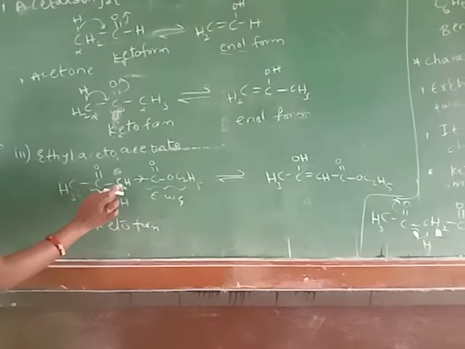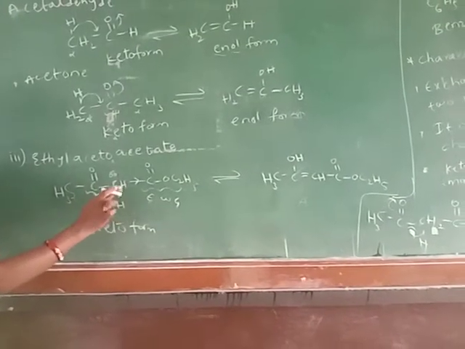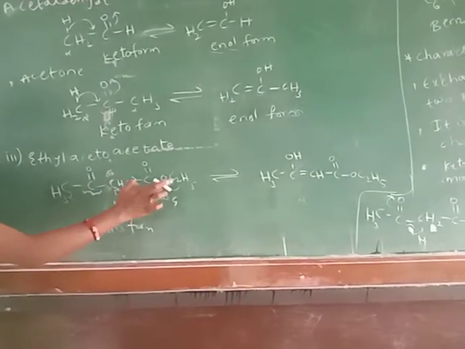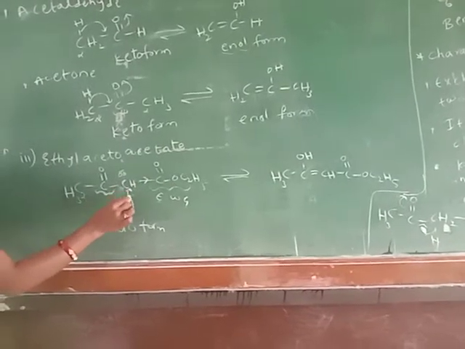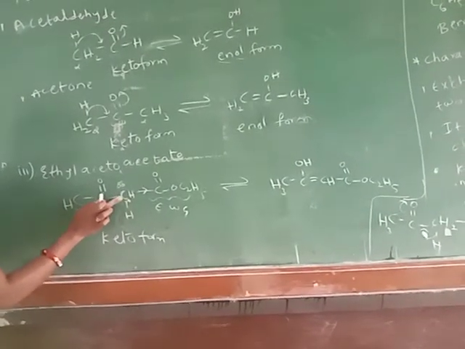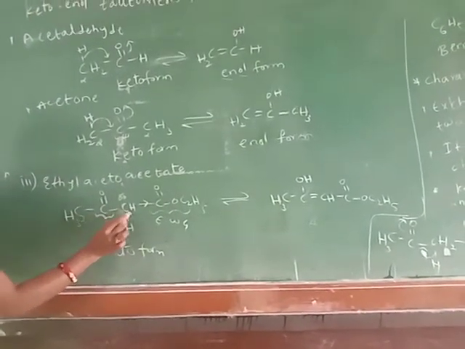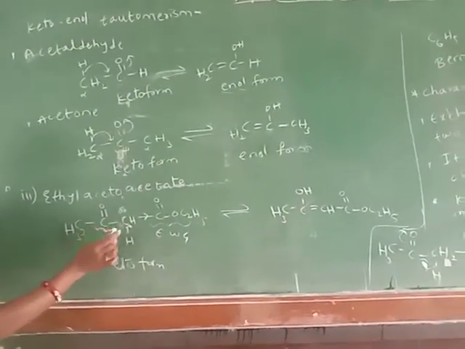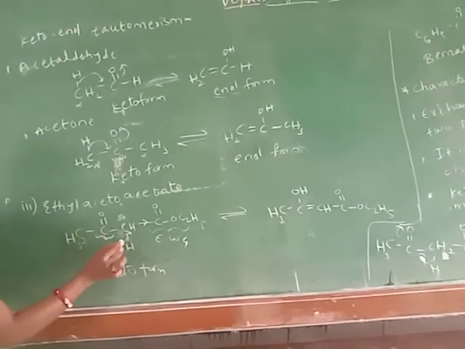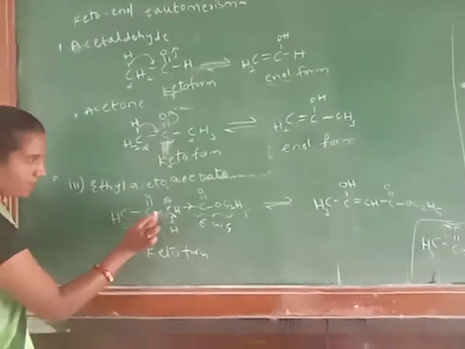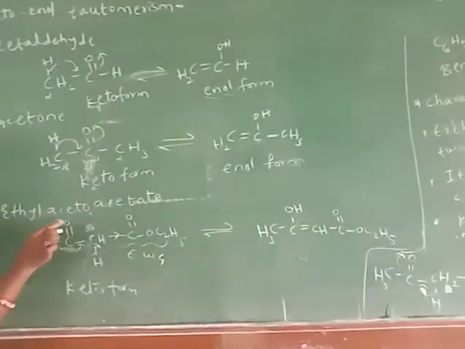Now the bond between carbon and hydrogen becomes weak, so the hydrogen shifts towards the carbonyl oxygen and the pi electrons shift towards oxygen.